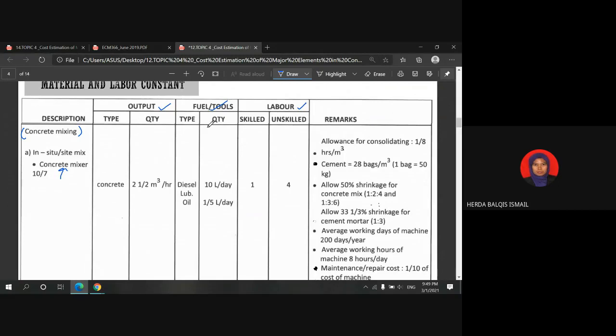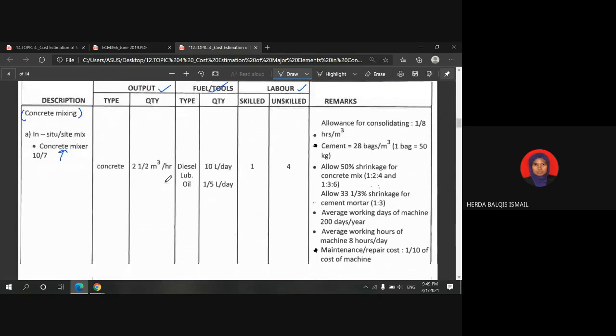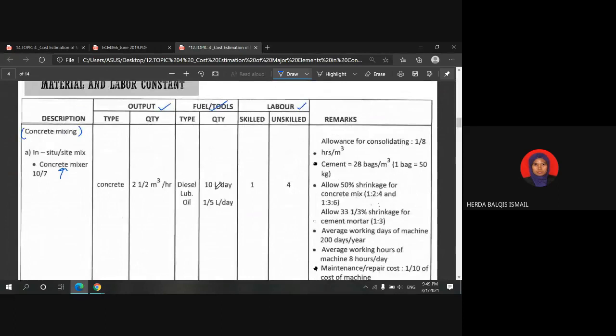Right. So to produce 2.5 cubic meter of concrete in an hour, the labor required for that particular activity is 1 skilled labor and 4 unskilled labor. So that is the constant. And for the fuel and tools, to operate the concrete mixer, it requires 10 liters of fuel in 1 day.